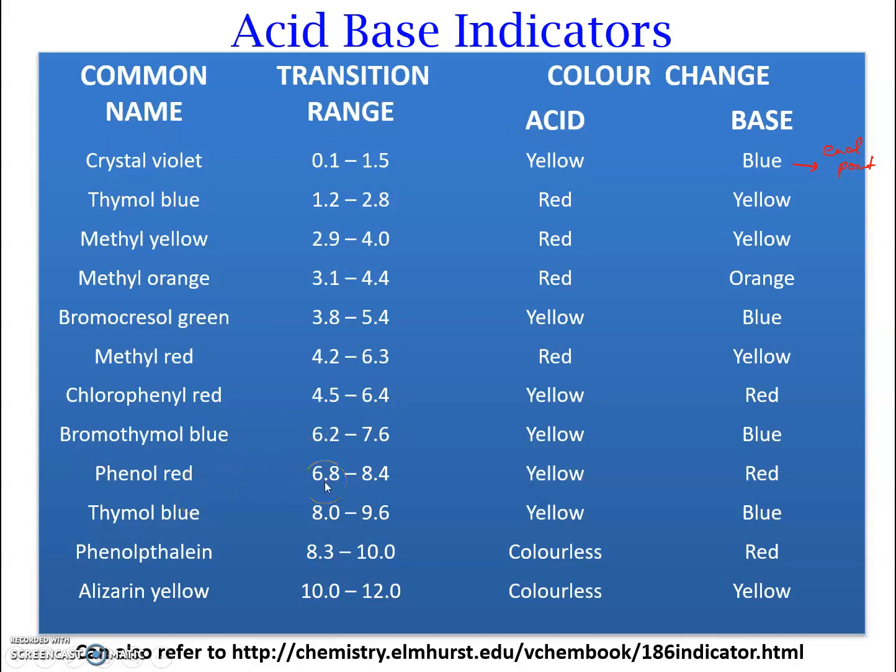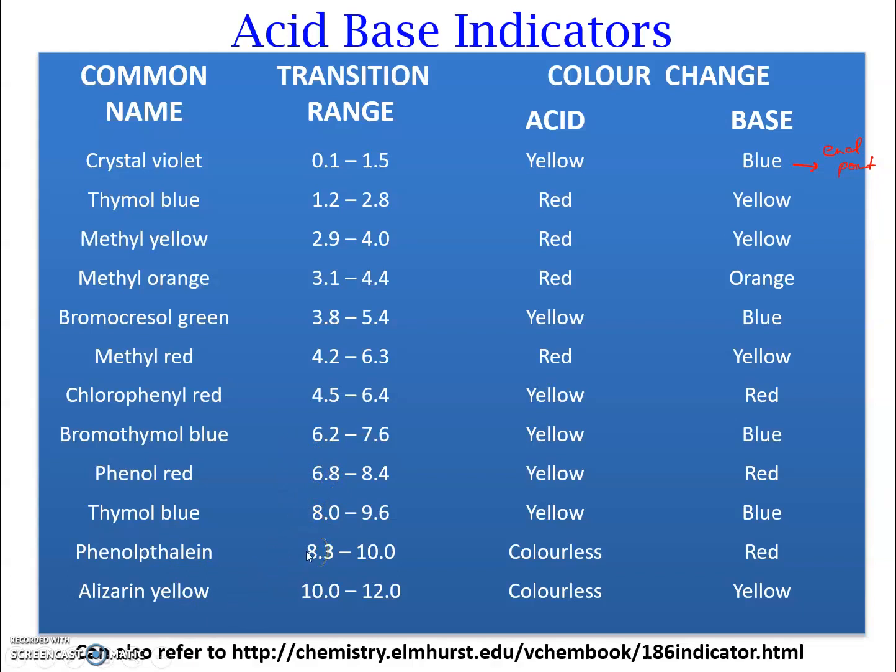Phenol red, 6.8 to 8.4. Thymol blue, 8 to 9.6. Phenolphthalein, 8.3 to 10, and alizarin yellow, 10 to 12. For phenol red, thymol blue, phenolphthalein and alizarin yellow, the transition range of pH is from neutral to basic.